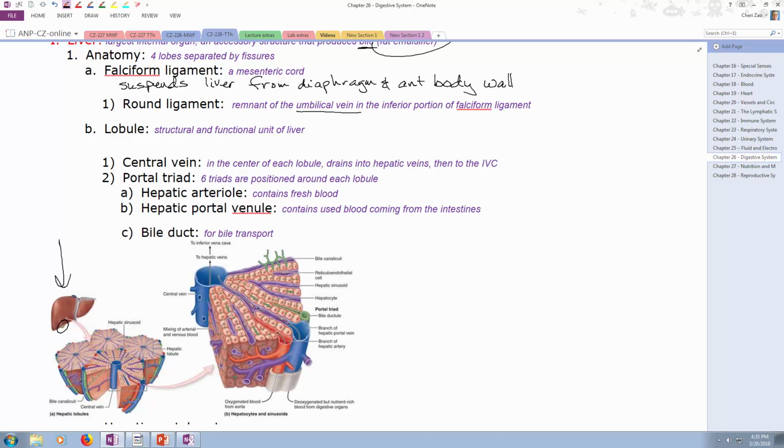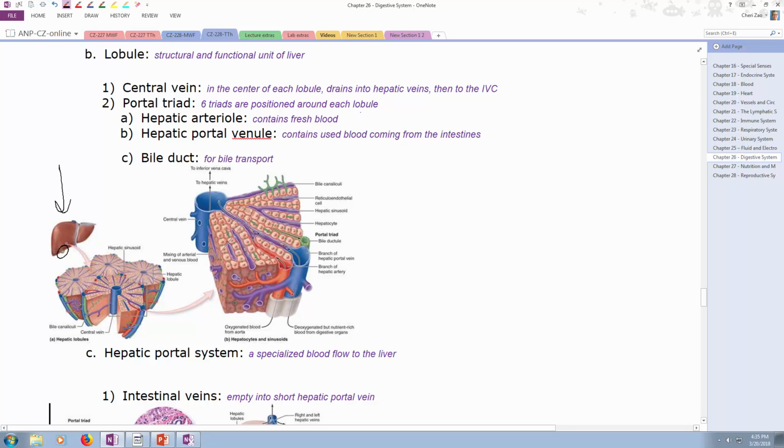The liver, when we take a look at it under the microscope, has this interesting lobule form. So, the structural and functional unit of the liver, so realize this is kind of a microscopic view of things. And we'll call it a microscopic cylinder.